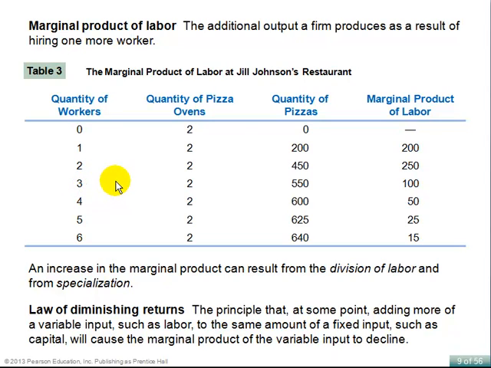Hiring 3 workers raises the quantity of pizza she produces from 450 per week to 550, but the increase in the quantity of pizza, 100, is less than the increase when she hired the 2nd worker, 250. If Jill kept adding more and more workers to the same quantity of pizza ovens, eventually the workers would begin to get in each other's way, and the marginal product of labor would actually become negative.